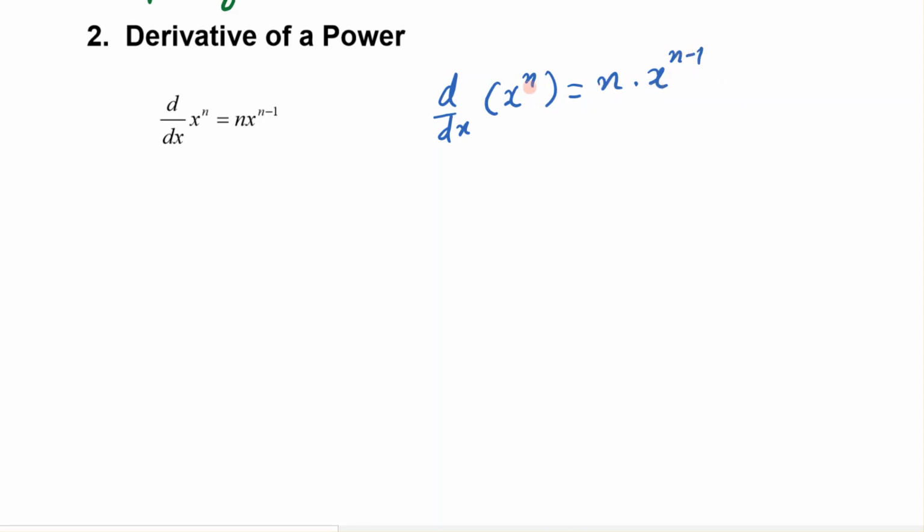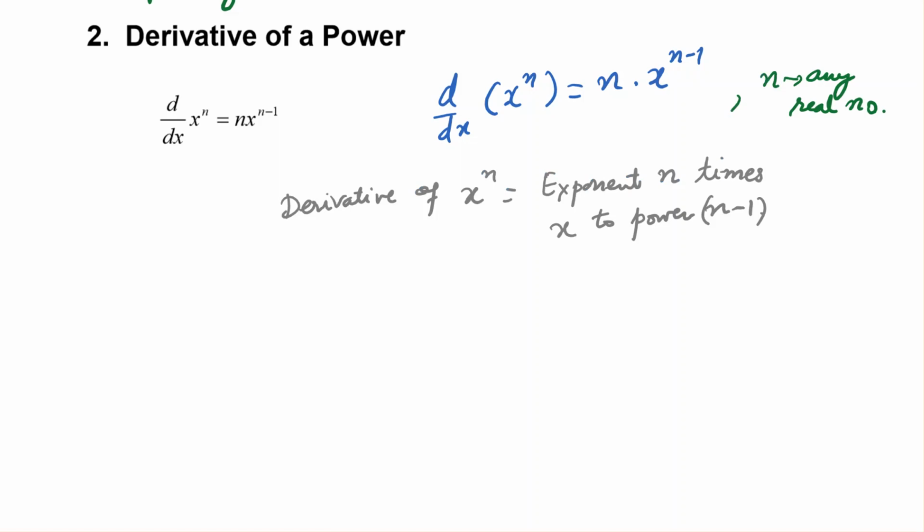Bring the power down and reduce the power by 1. Thus, the derivative of x raised to power n is equal to n times x to the power n minus 1.